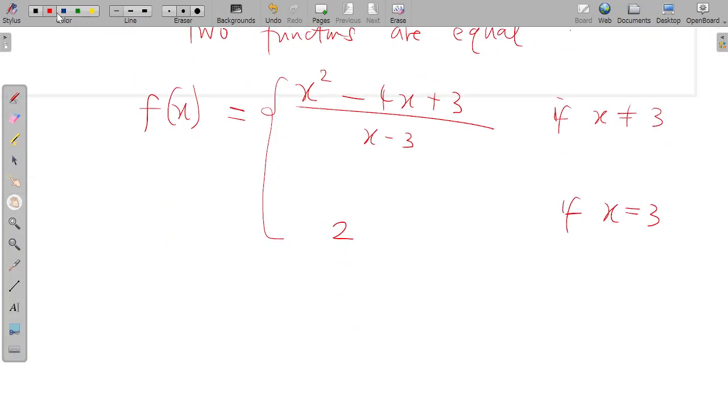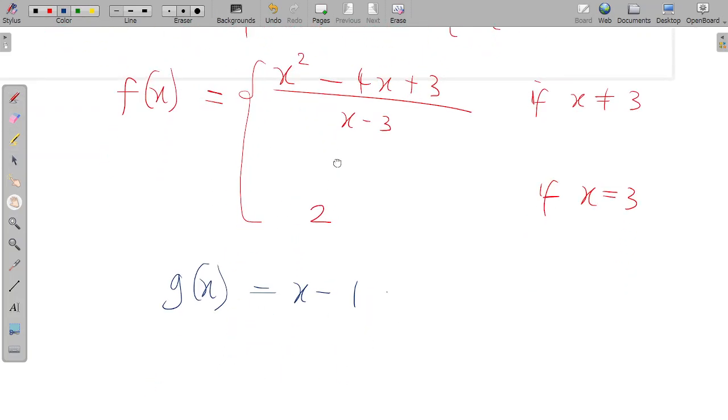That is f of x. Then another function we have there is g of x, which is x minus 1. Okay, so we want to determine whether these two functions are equal.